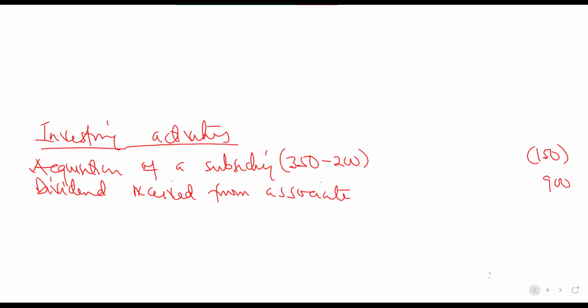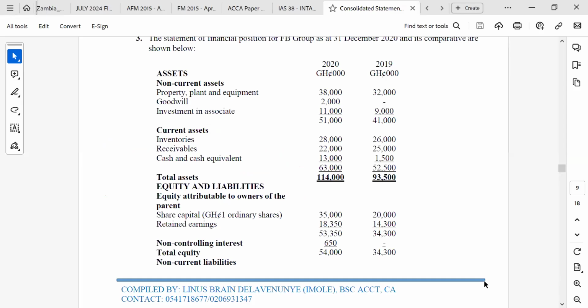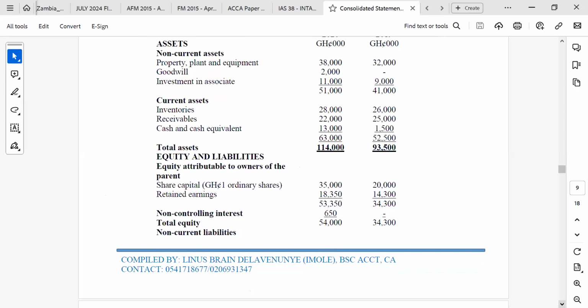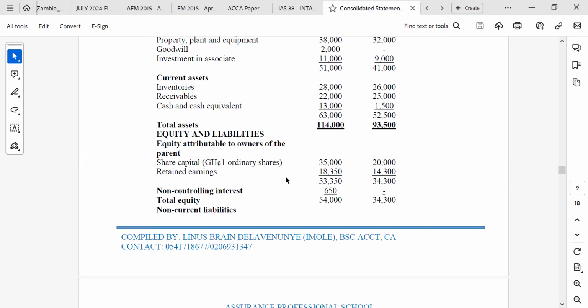If you like, you can also reconcile your share capital. You can also reconcile your retained earnings before you move on to your PPE, inventories, receivables, and payables. Which one should we do first? You have to reconcile the retained earnings first, because there can be a bonus issue.